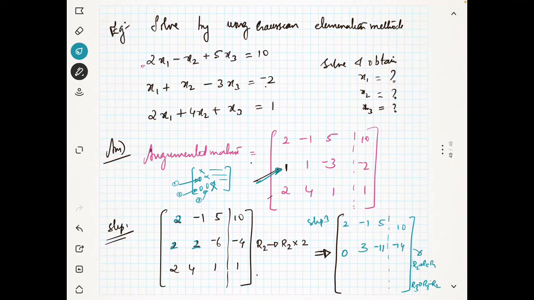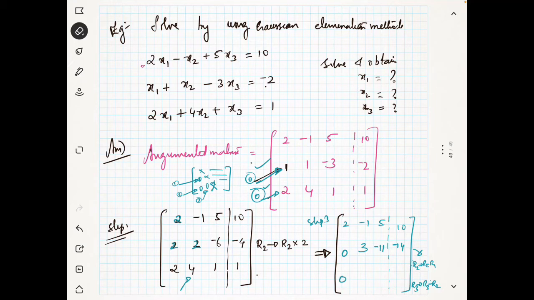Now next we make this 0 as well. For that you can use row 3 minus row 2. So 2 minus 2 becomes 0. Next is 4, 4 minus minus 1... sorry, I want row 3 minus row 2, not row 3 minus row 1.